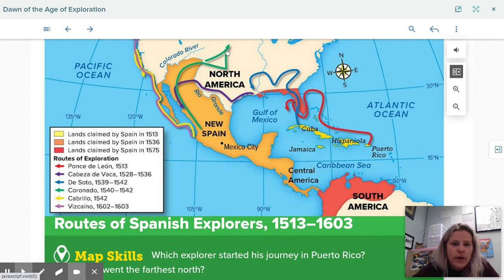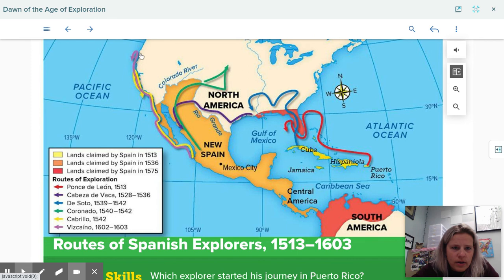We have Cabrillo in yellow, so he was over here up to the coast of what we know as California today. And then we have Vizcaino in light purple, kind of the same route as Cabrillo took here, a little bit further north into California.